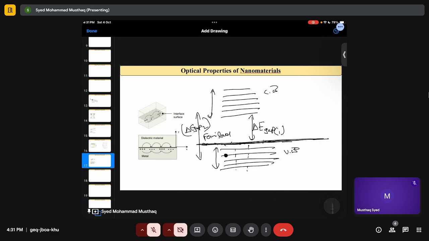Now you are getting that figure, right? I mean the idea. Let's say this is my conduction band. So electrons will just jump from here to here, and you will have a hole in your Fermi level. And this is your ground state, and this is your excited state.